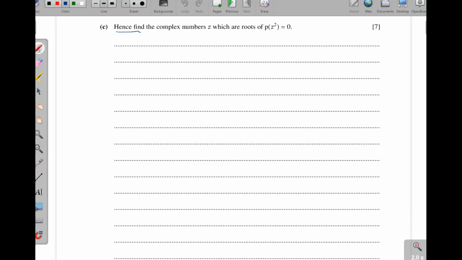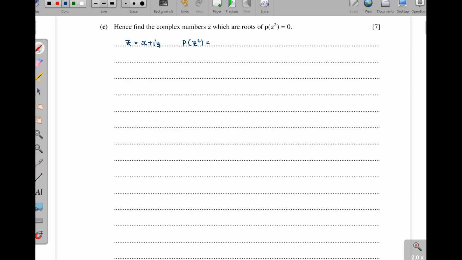Then part C, hence find a complex number z which are roots of this P of z squared. So suppose our z is equal to x plus iy. Okay, that means P of z squared shall be equal to, now we need to do some long division.